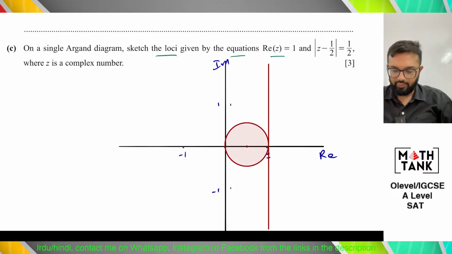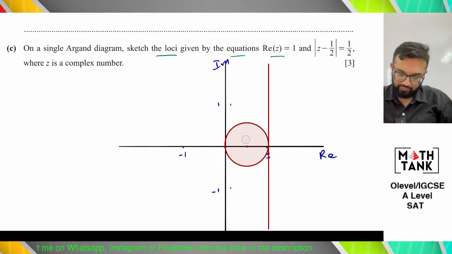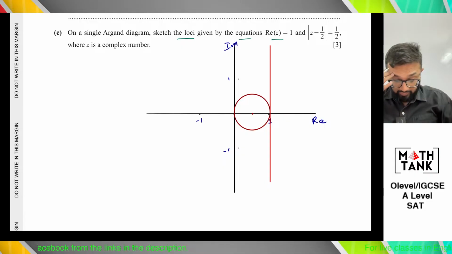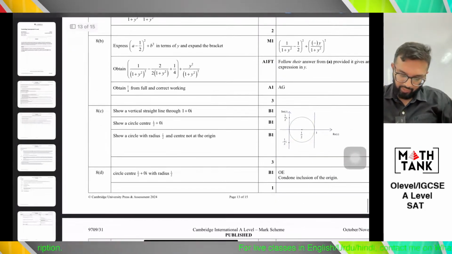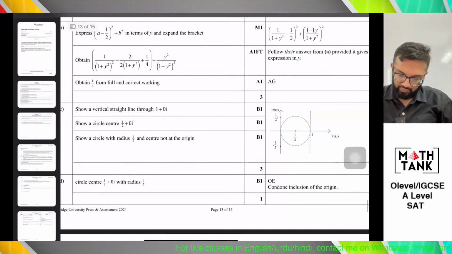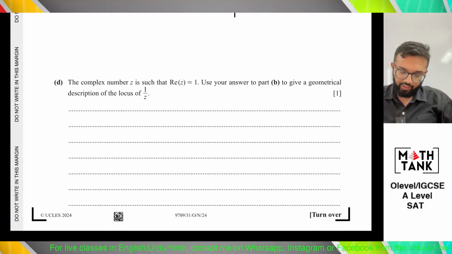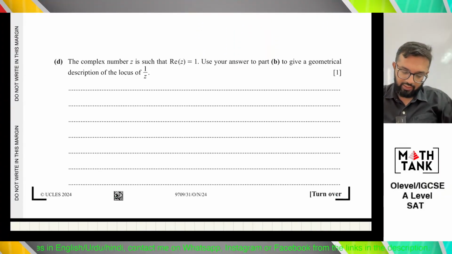Okay, that's what the circle might look like without the shading. Let me just verify. Yeah, that is the correct loci.